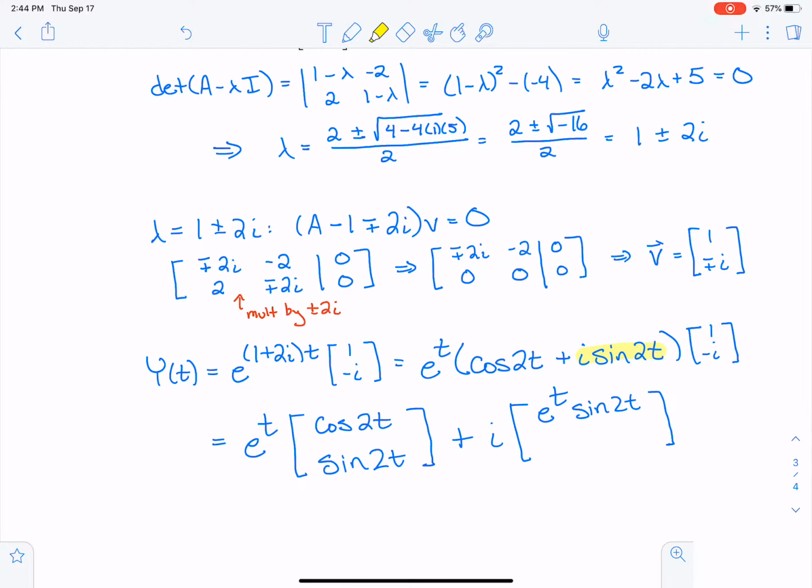And then I also have i times a negative e to the t cosine of 2t. So I get that by multiplying my cosine 2t times the negative i there.